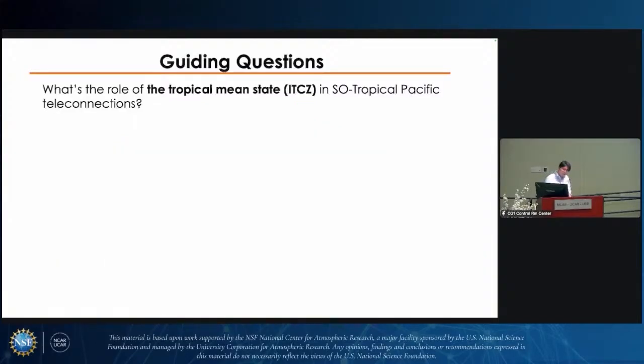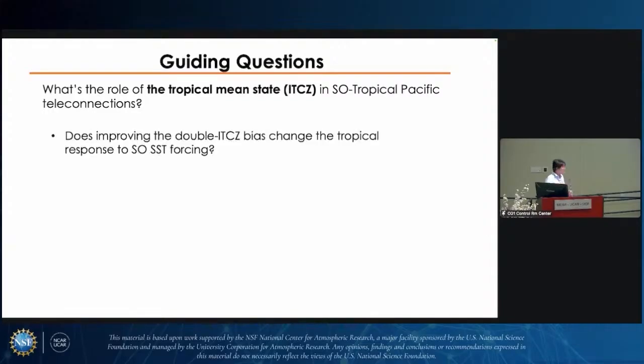But based on this mechanism, we also find that surface winds, especially mean state winds tied to tropical mean state circulation, and probably also precipitation, are also key to the teleconnection. So our guiding question is really: what's the role of the tropical mean state climate, especially the location of the ITCZ, in the Southern Ocean tropical teleconnections?